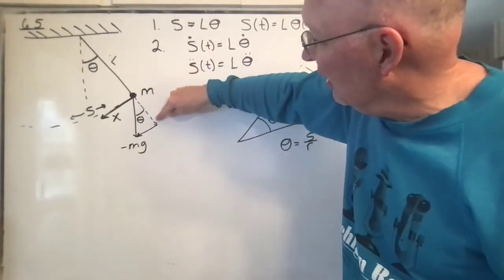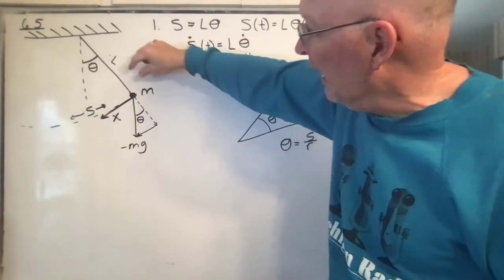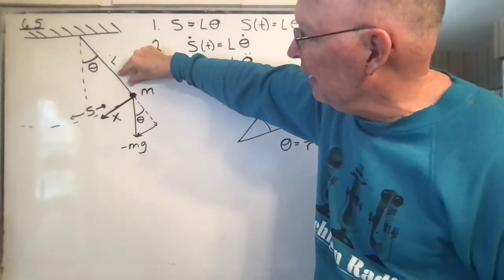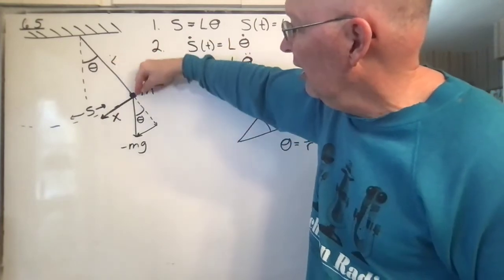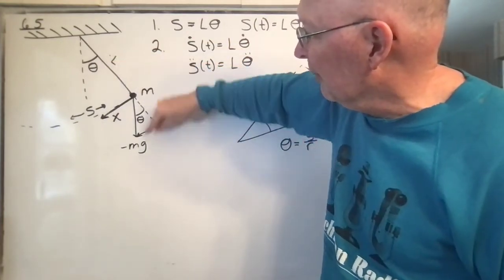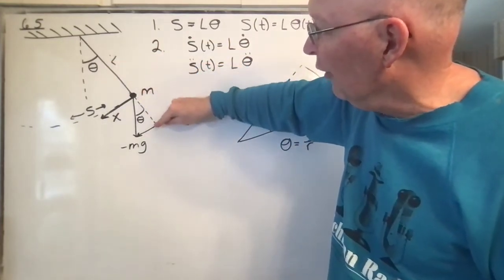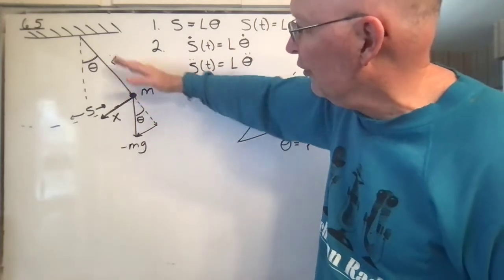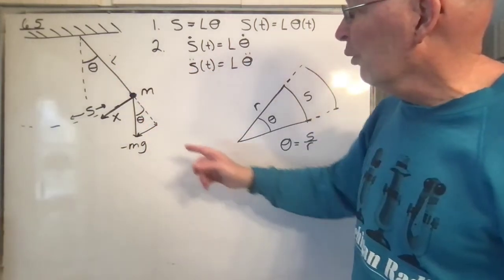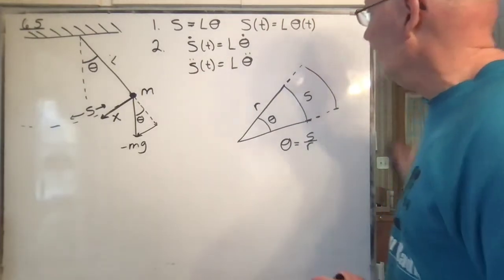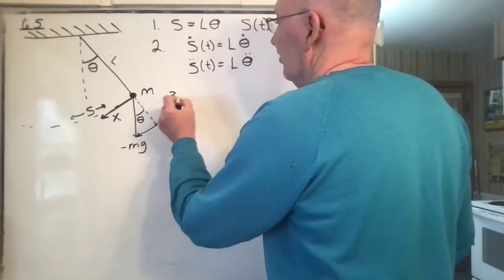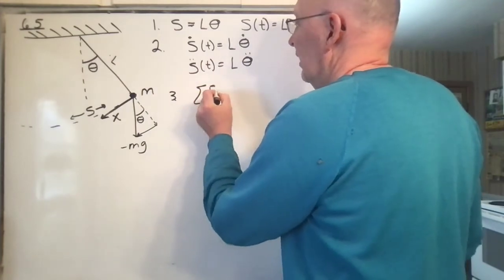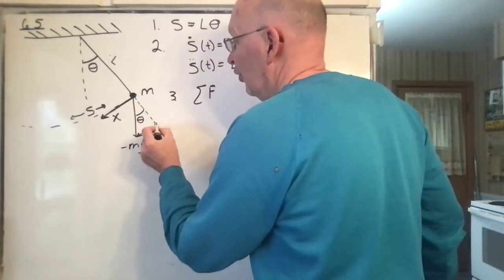And here's the point that I make here in number 3. This part is counteracted by the tension in the string. The string is pulling this way, or the rod. There's a certain component of the weight that's in this direction. Those counter each other, and so the resultant, remember Newton's second law, the sum of the forces, is going to be just this force right there.